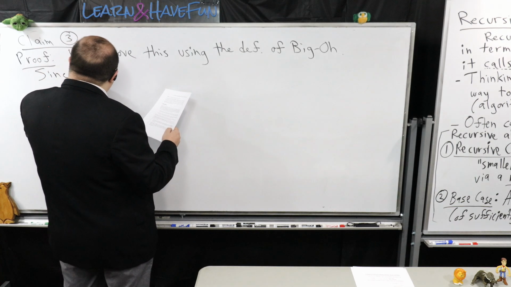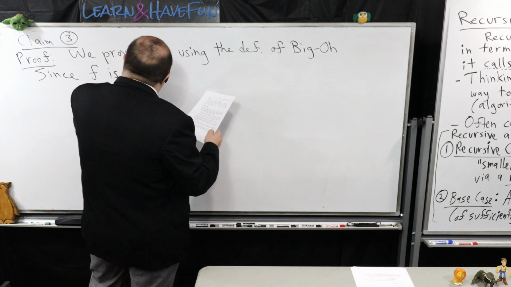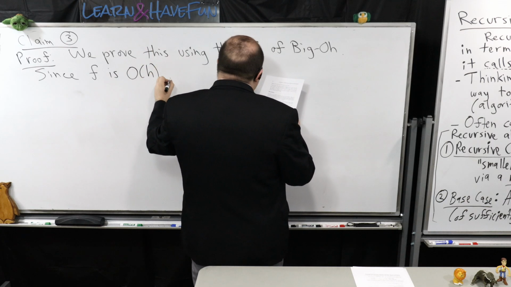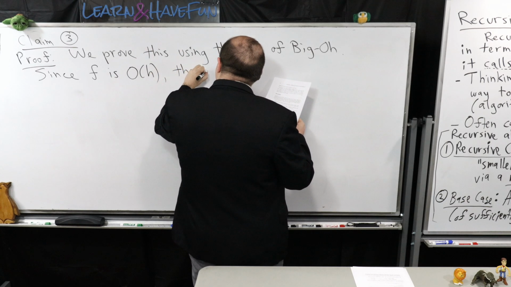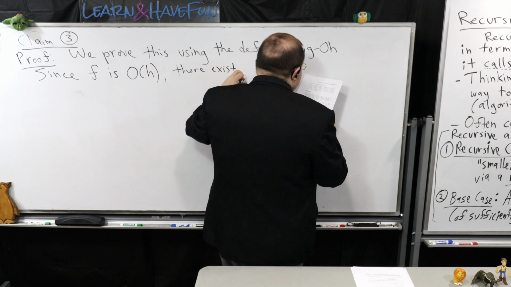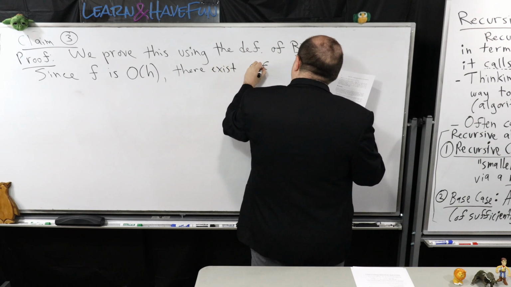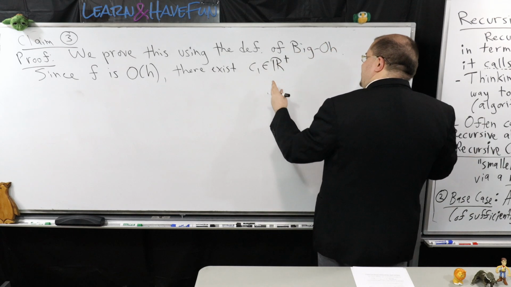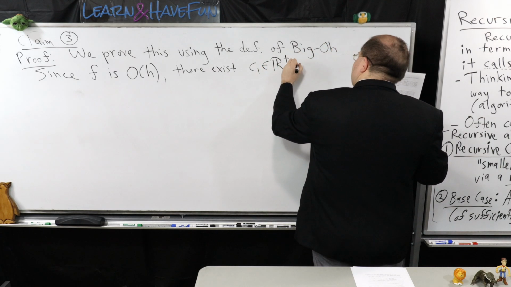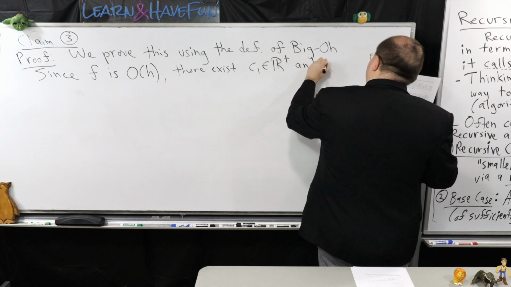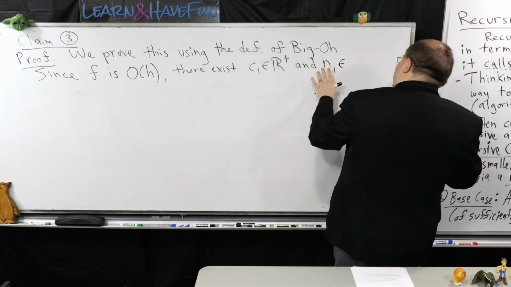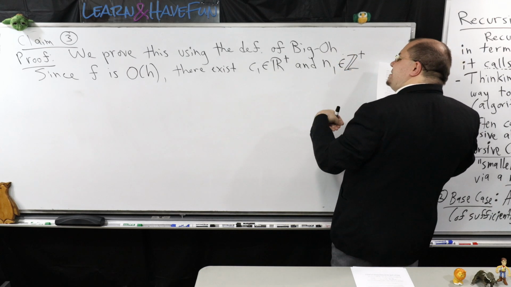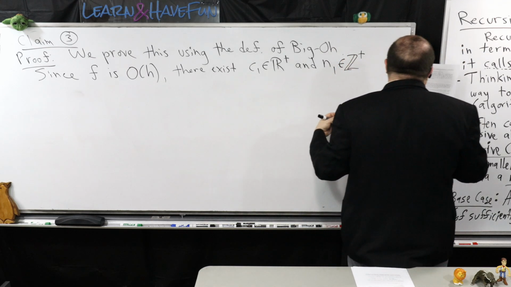Since F is big O of H, there exists C1. I'm going to give them somewhat different names because I'm going to have 2 of them. I'm going to call it C1, which is a positive real number, and N1. That's like N0, but I'm giving it a different name to make it easier for us to come up with our own C and N0 for this claim.